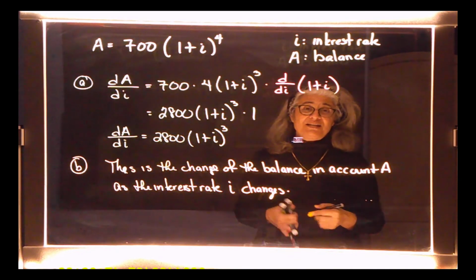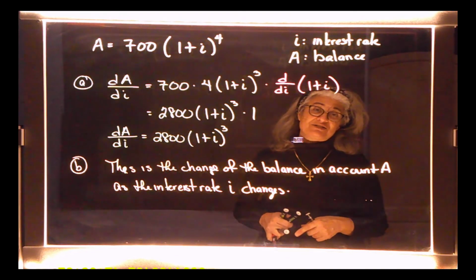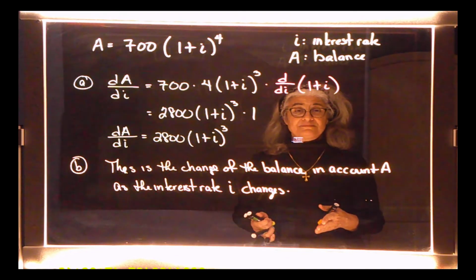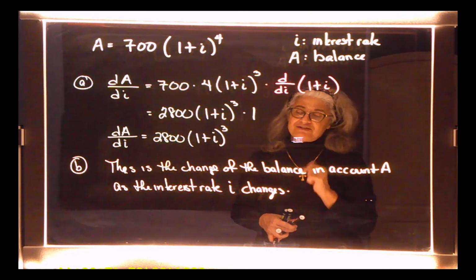It's the rate of change. So as I changes, A is going to change. Cool? Okay, so you guys have fun with this stuff, and I'll catch you on the flip side.